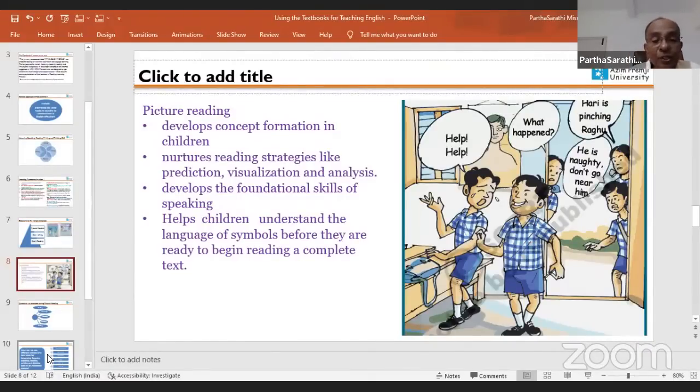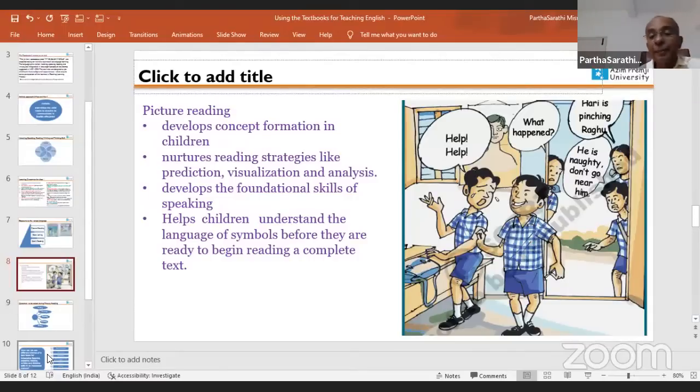Or ask the children to relate to the picture by placing themselves in it. Encourage them to project themselves into an imaginary situation. Suppose you look at this picture of the two boys. What would you see? Supposing, what would you have done if you were one of the boys?